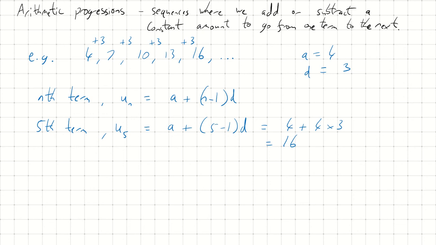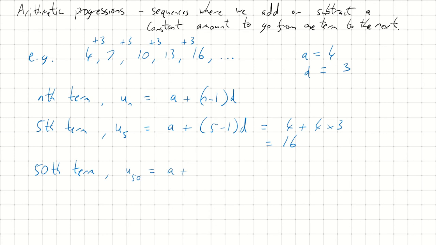And we already knew that the fifth term of the sequence was 16, but this is another way to show it. The reason why this formula is useful is if we were asked for, let's say, the 50th term, it would be really long and annoying to have to write down the whole sequence up until then. So using the formula is a much quicker way to work out the 50th term.